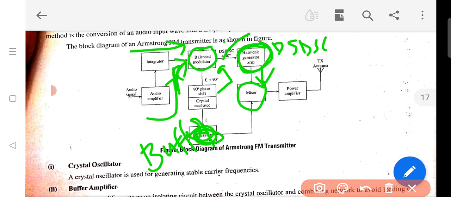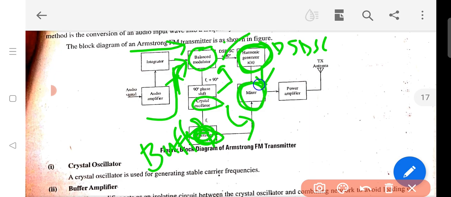This buffer amplifier isolates the crystal oscillator and the combining network, avoiding disturbance in the tank circuits of the crystal oscillator. That's why the buffer amplifier is employed here.